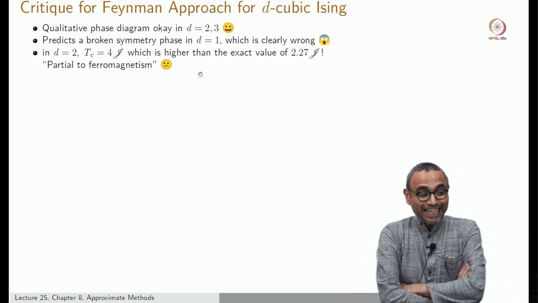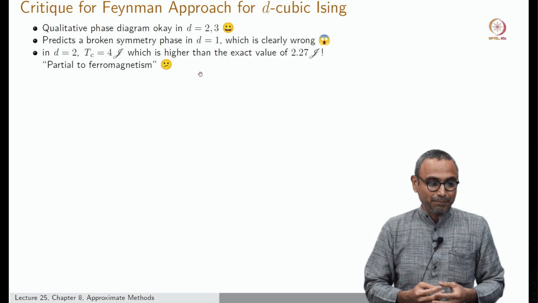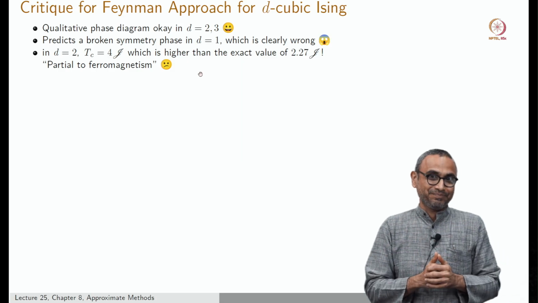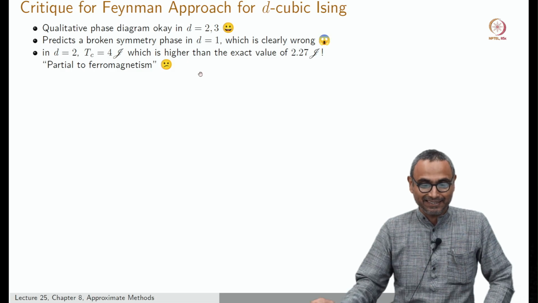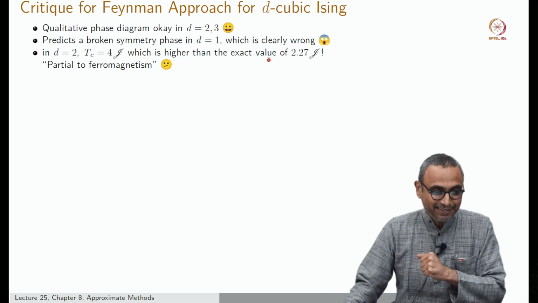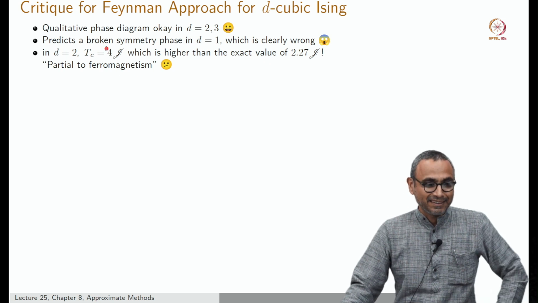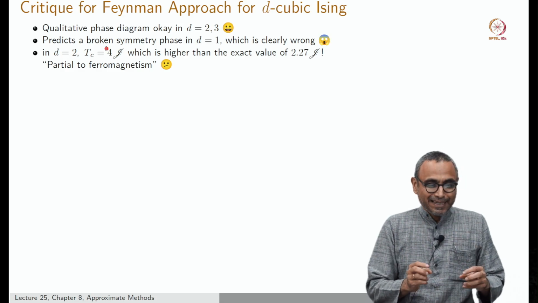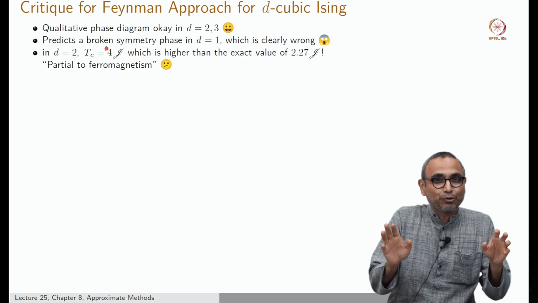In d equal to 2, this Feynman variational principle predicts a Tc of 4J, but we know the exact Tc, we have computed this, and the exact Tc is something like 2.3J, which is significantly different. So what you are finding is that this model is partial to ordered phases.